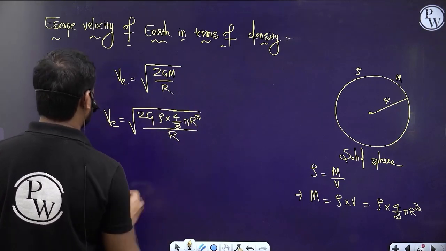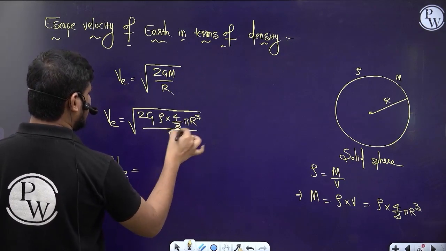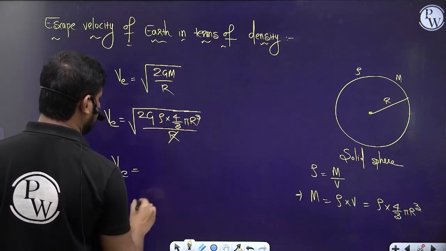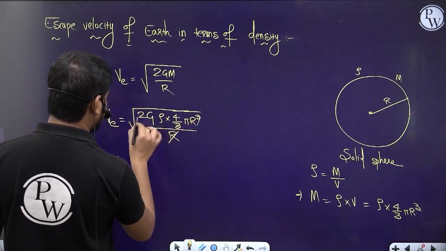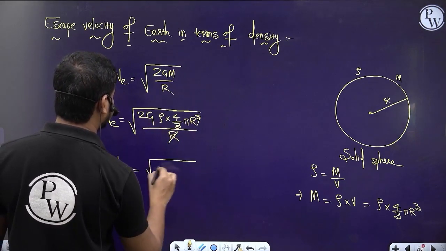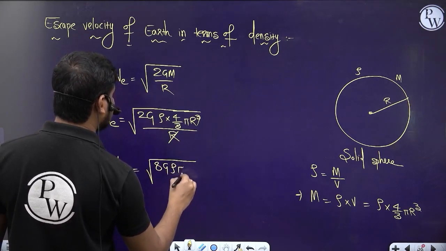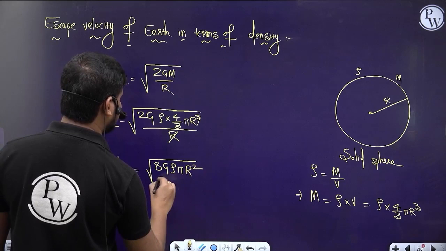One r gets cancelled, r square is left in the numerator, and 2 into 4 is 8. So it is root of 8 G rho pi r square by 3.